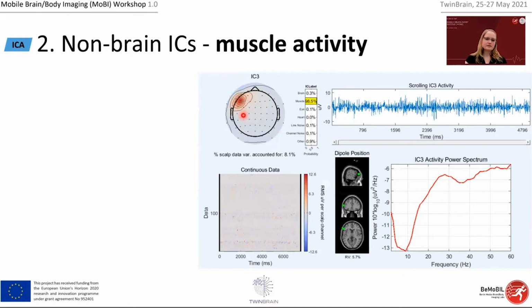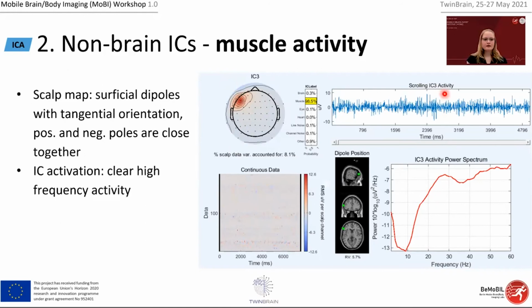So usually they have a very narrow distribution across the scalp, and they're high frequency in the IC activation. So it basically looks like an EMG, and again we see quite high scale but also low scale depending on the muscle that's contributing. So this is something you can look at as well.